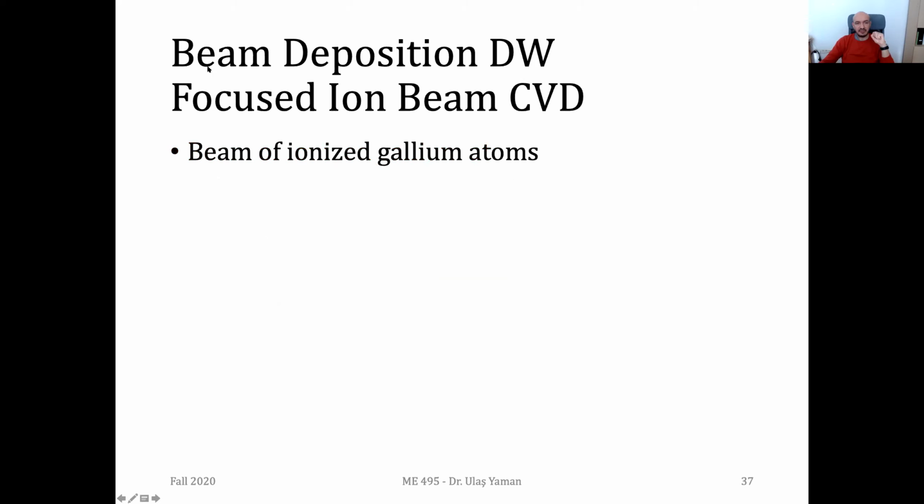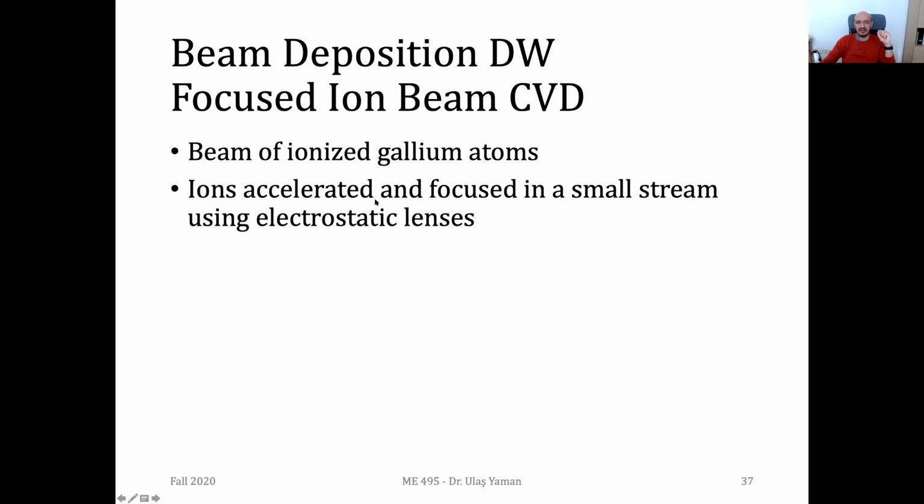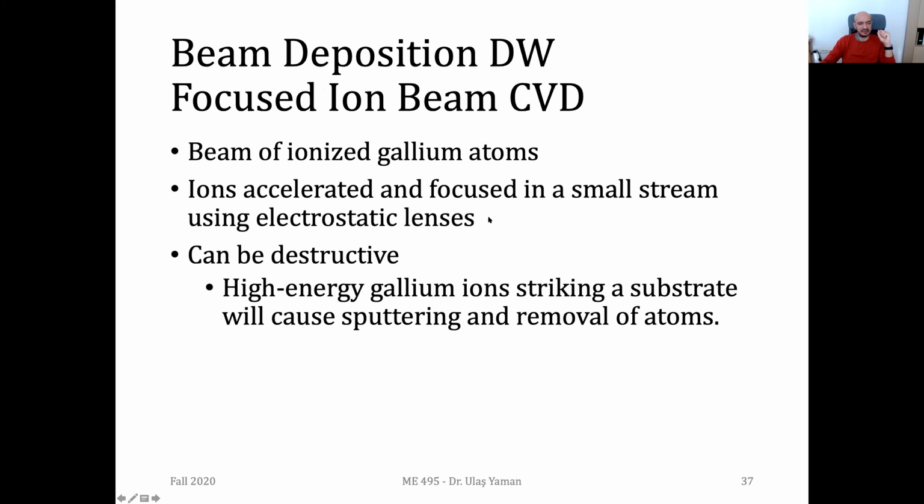Now we have another type of direct write technology. This is called beam deposition. And underneath beam deposition, we have focused ion beam. In the previous one, we had a laser beam, but the only difference is that we are using focused ions, and the rest is somewhat similar. So I'm not discussing the details, but the fundamentals are the same.